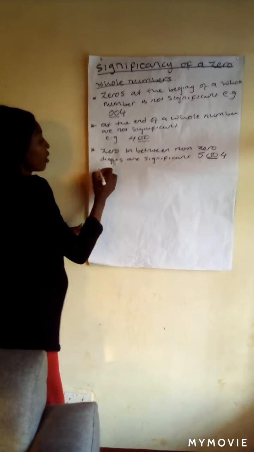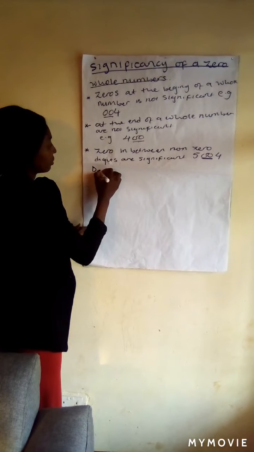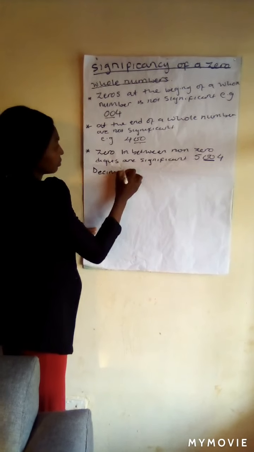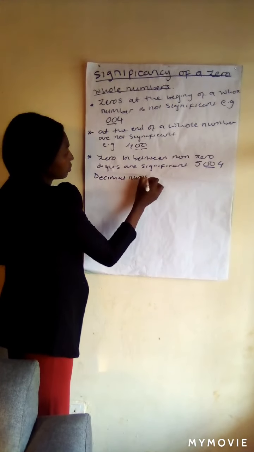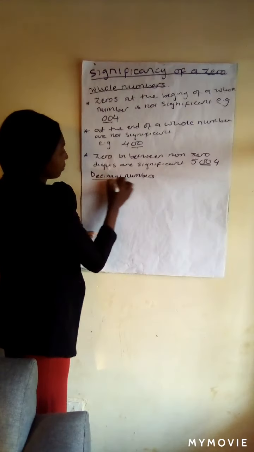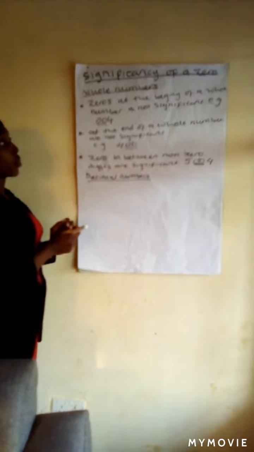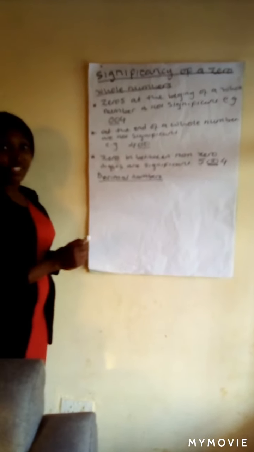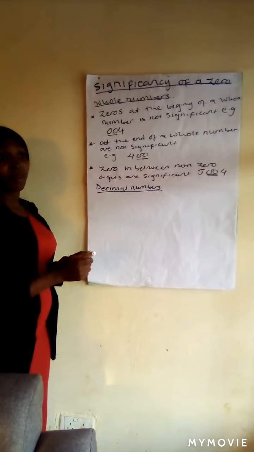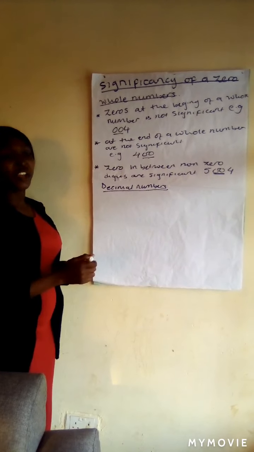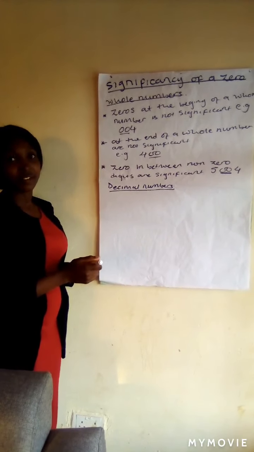Then we also have what we call decimal numbers. With decimal numbers, we also have zeros at the beginning of a decimal number. The zeros at the beginning of a decimal number are not significant.